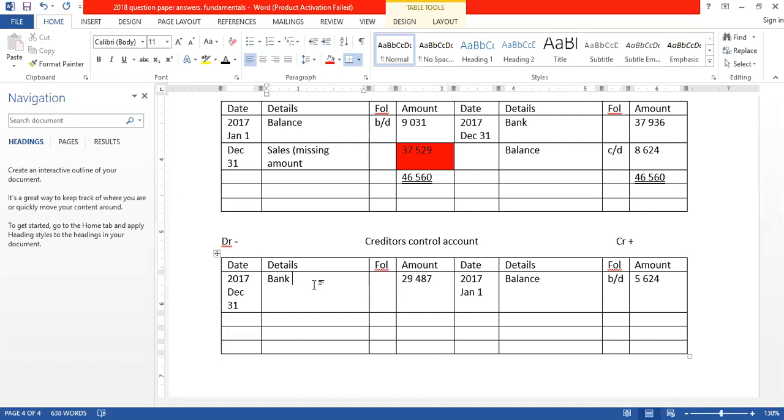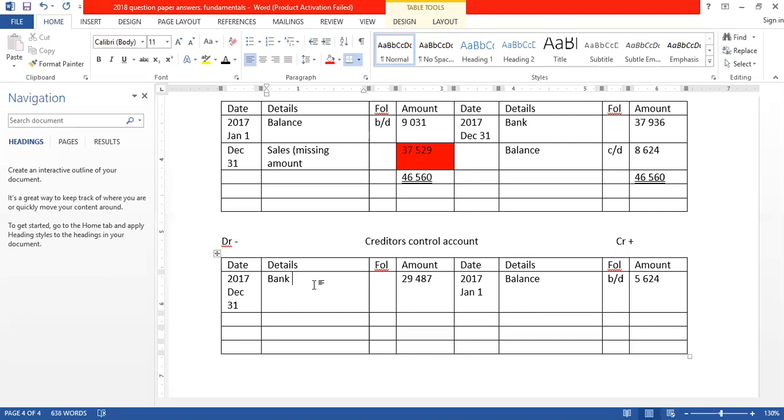So that's why it's written payment to creditors in your bank ledger account. When you are going to draw up your creditors control account or your other ledger account, obviously, in details you will write the form of payment. In the bank account, you are writing to whom you paid the money. It was to your creditors.